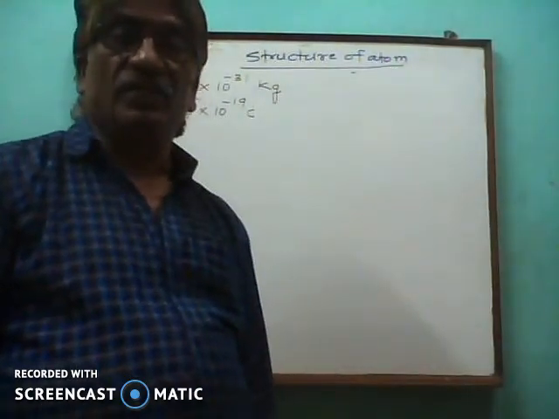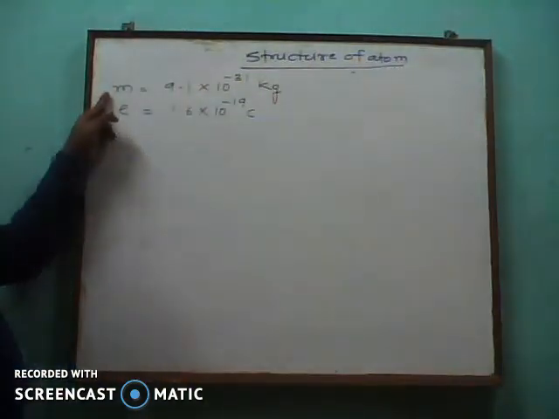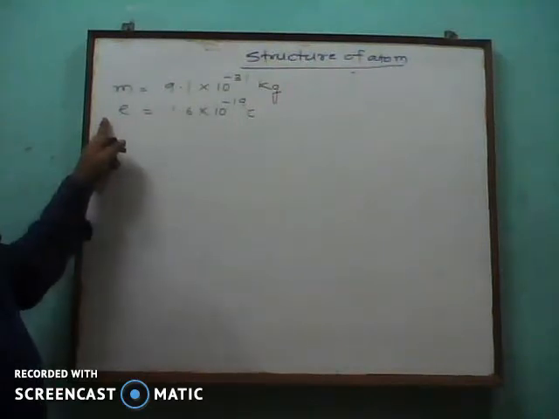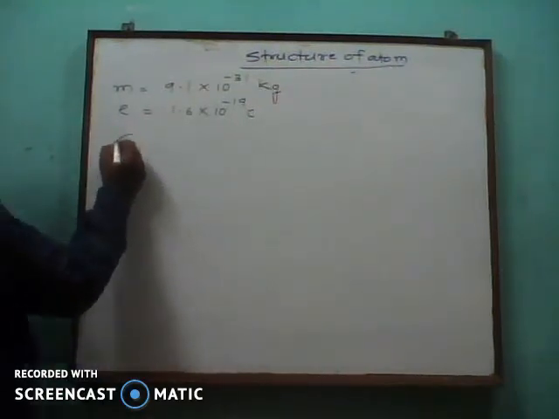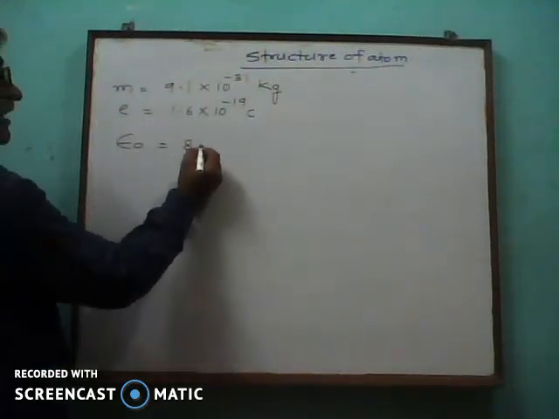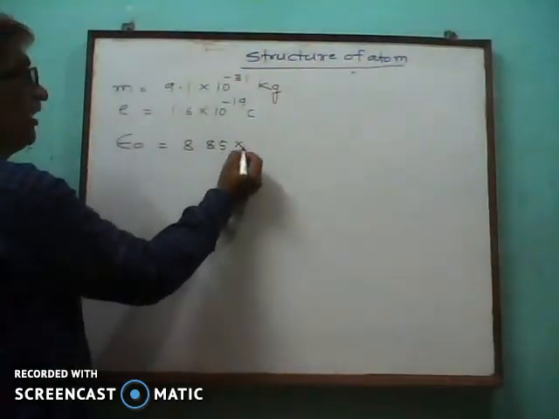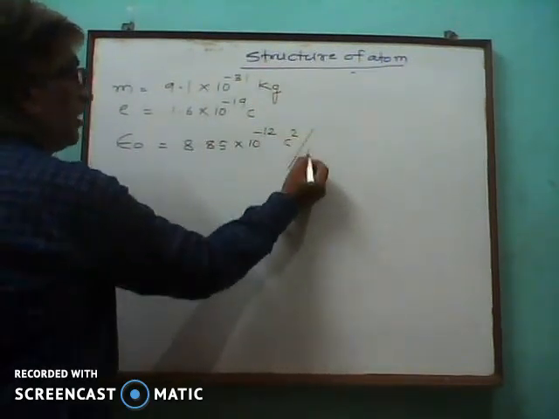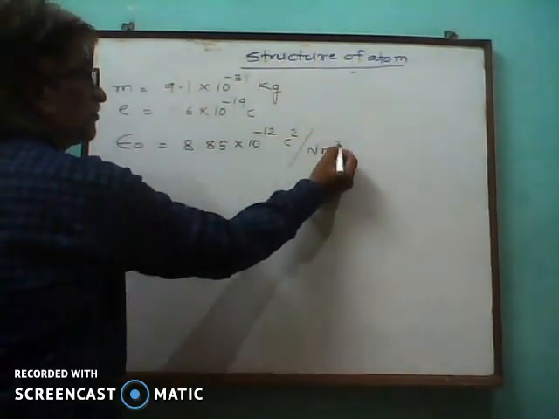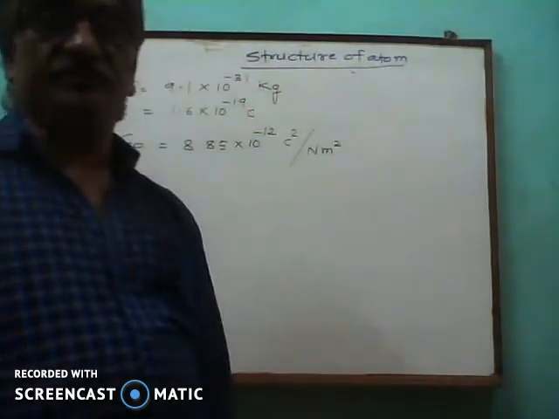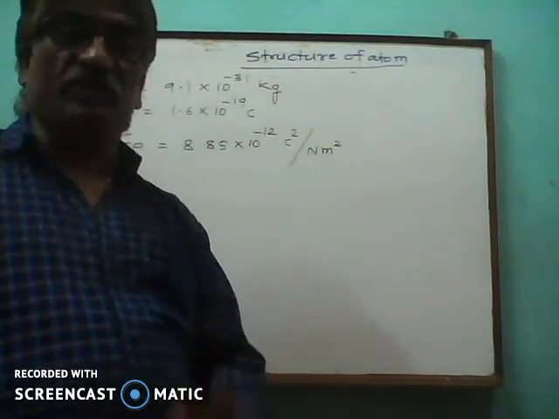Two values: the first value is mass of electron, the second value is charge of electron. The third value is epsilon 0, which is equal to 8.85 into 10 to the power minus 12 coulomb square upon newton meter square.